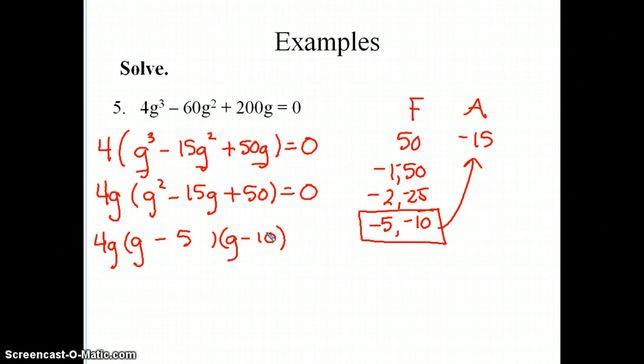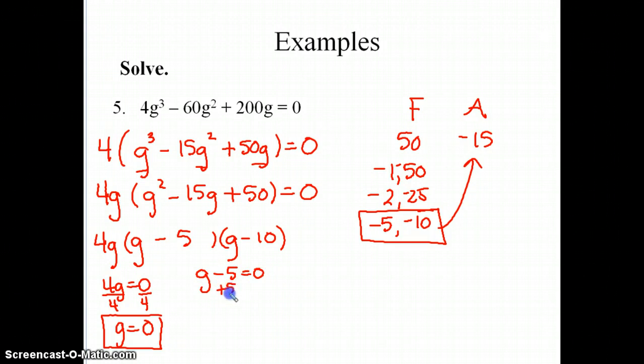I now have three terms once again. I have 4g is equal to 0. I divide both sides by 4. g is equal to 0 is my first solution. My next solution, g minus 5 equals 0. I add 5 to both sides. g is equal to 5.